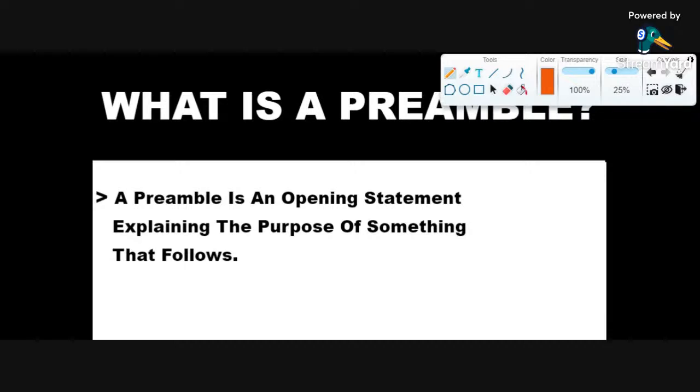So a preamble is not the summary answer, but a preamble is the vehicle, the medium, you use in conveying that particular answer.